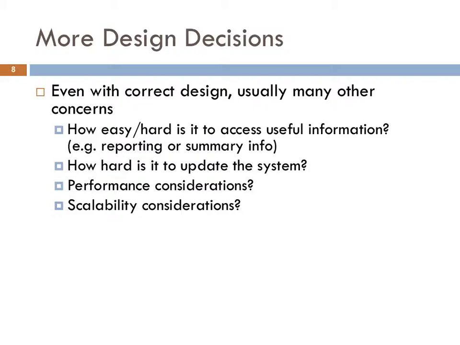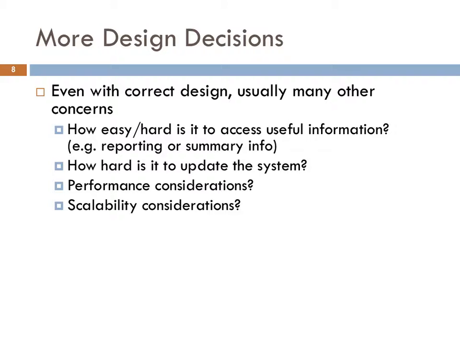Okay? Now, besides those two things, let's say you do a perfect job of avoiding those two things. I know because I've designed database schemas that avoided those two issues, but then they had a whole bunch of other issues, so they ultimately ended up not being used. And so that's where you evaluate it against the operations you need to perform. Like, how hard is it to access useful information?